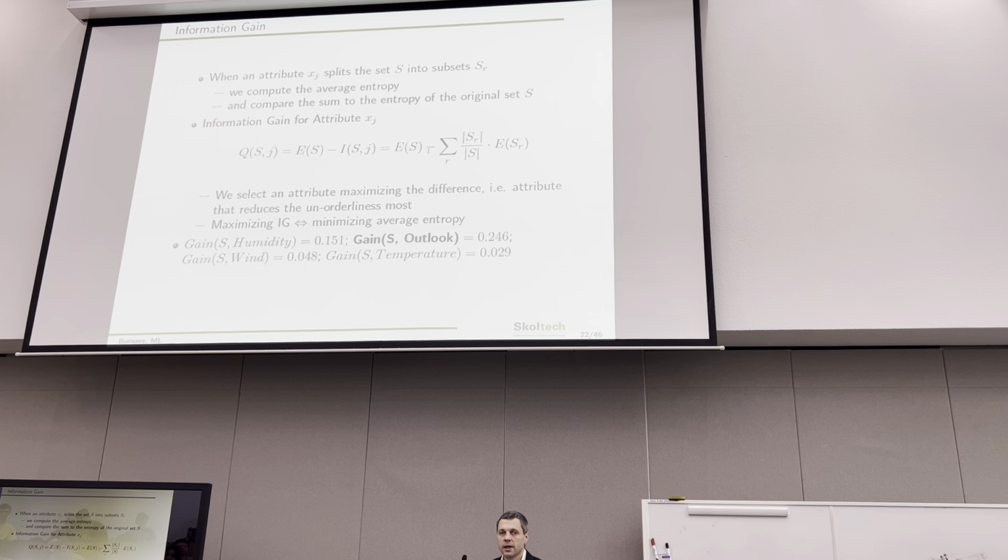When we select the variable with the highest information gain, we divide the initial data set into subsets with maximum order, with very good pureness. And we see that the information gain for the variable outlook is the biggest among the other variables, and this is why we select the variable outlook as the root.